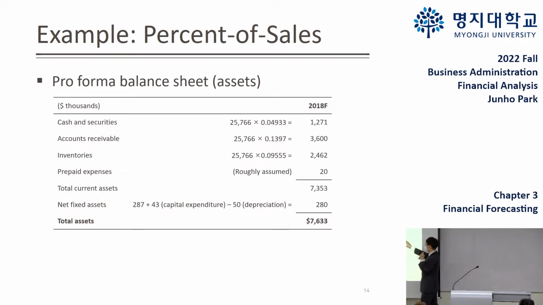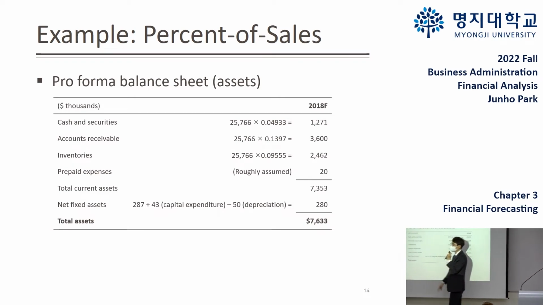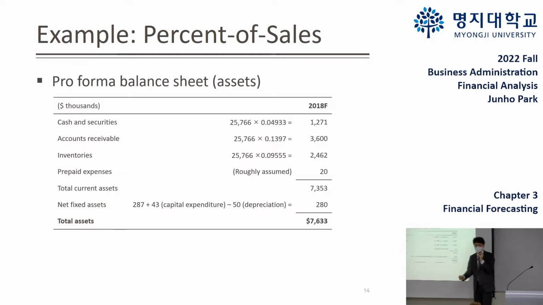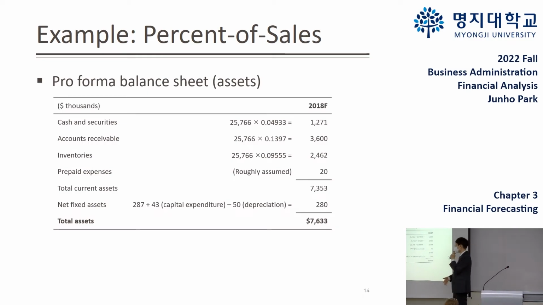And we have 1,271, 3,000, and 2,000 approximately. And then the fourth item was prepaid expenses, which are not proportional. So we have to make some guess. And I have told you that I'm going to use 20 as the value for prepaid expense.